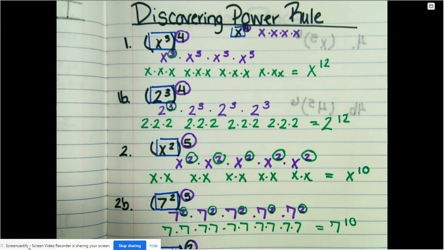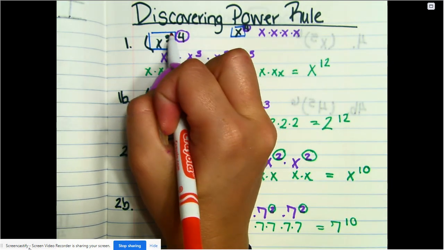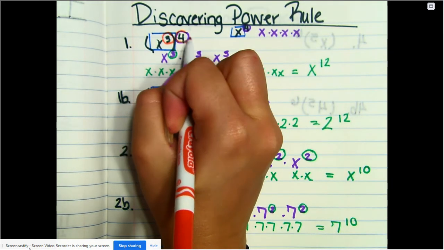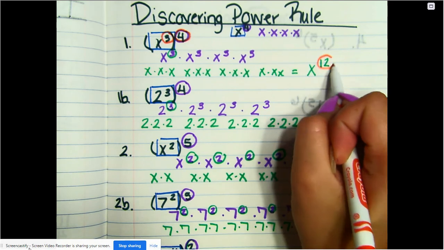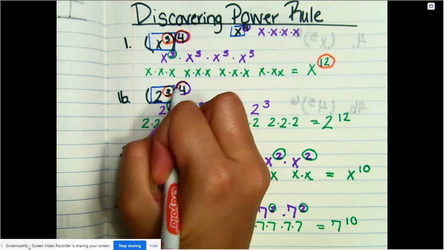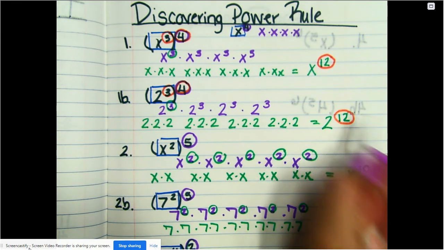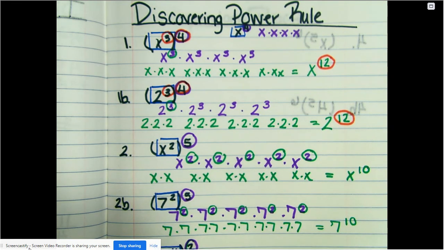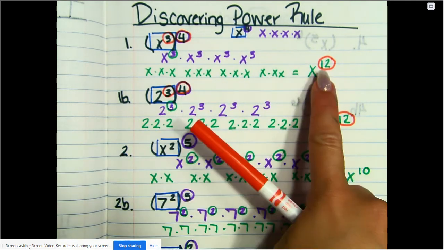And what I mean by a shortcut is we're going to look at the exponents that we started with. So we started with 3 and 4, and we ended with 12. Okay, we started with 3 and 4 here, and we ended with 12. Okay, what pattern or what relationship, and what I mean by relationship is, are we adding, are we subtracting, are we multiplying, are we dividing 3 and 4 to get 12?